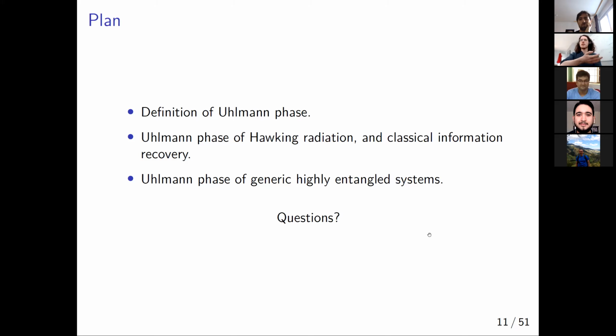But what I'm going to describe is an explicit protocol for recovering the information. So that does imply that at least at the classical level, the information is conserved. But yeah, it would be interesting to try and do these computations for Renyi entropy as well. Okay, thanks. Thank you.